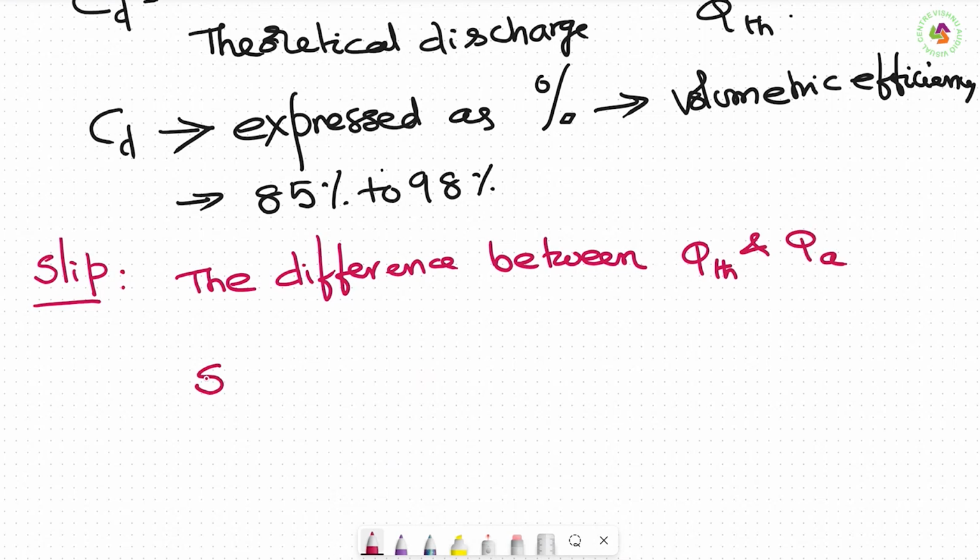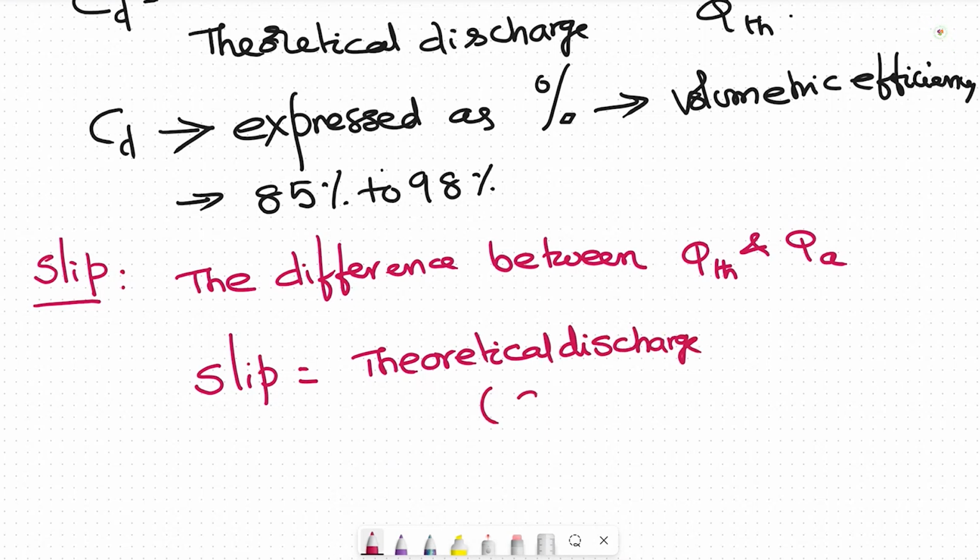That means slip is equal to theoretical discharge QTH minus actual discharge. Very, very important.